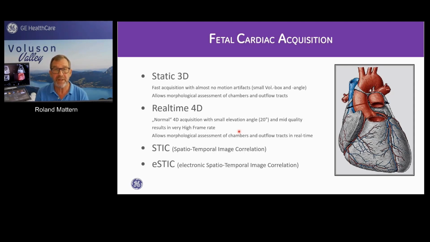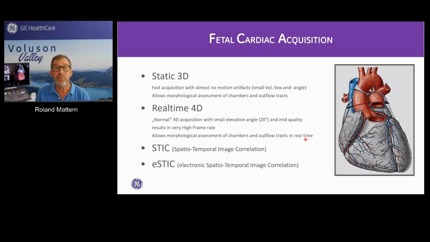The second way is real-time 4D, a normal 4D acquisition with a very small elevation angle of around 20 degrees in mid quality, which gives you a very high volume rate, up to 25-30 volumes per second, allowing morphological assessment of the chambers and outflow tracts in real time.